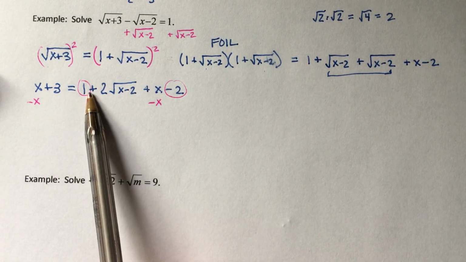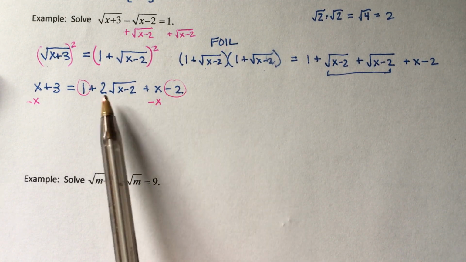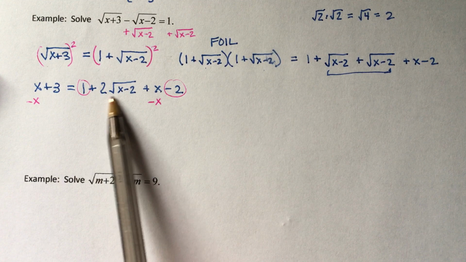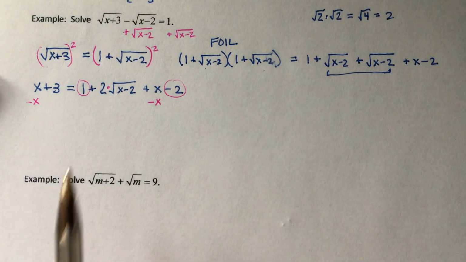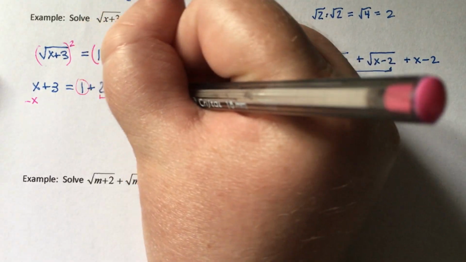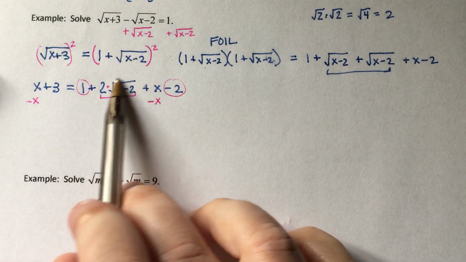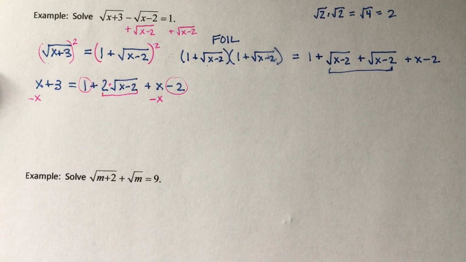Meaning I have a plus 1, minus 2, so that would be minus 1. This 2 in front of the square root is a multiplication, so that is not a like term. This is one unit, and you might even want to mark it like that.